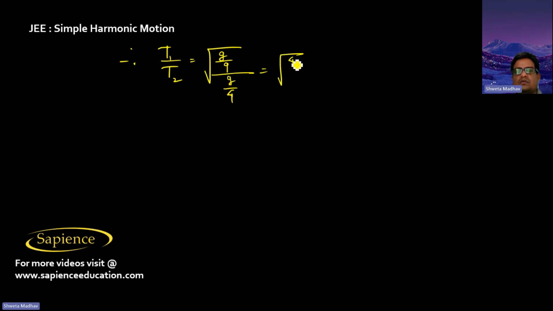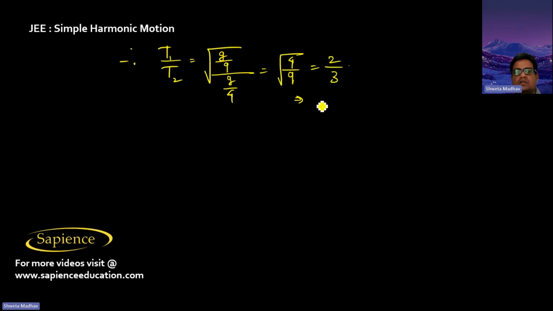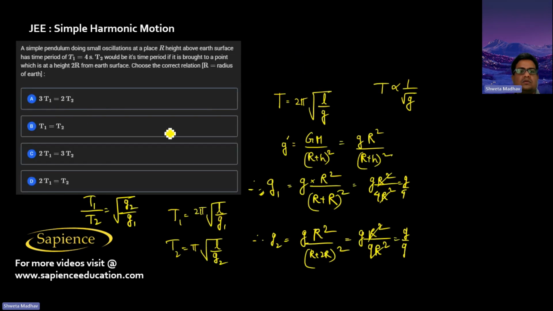This is equal to root over 4 by 9, which is 2 by 3. Therefore, I can say 3T1 is equal to 2T2. So option A is the correct answer.